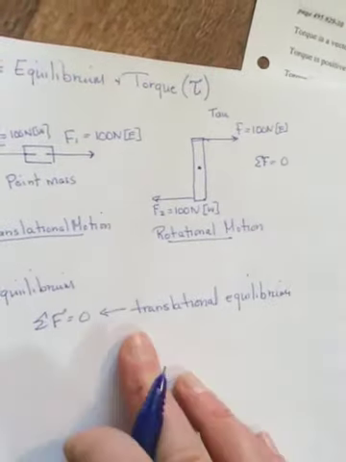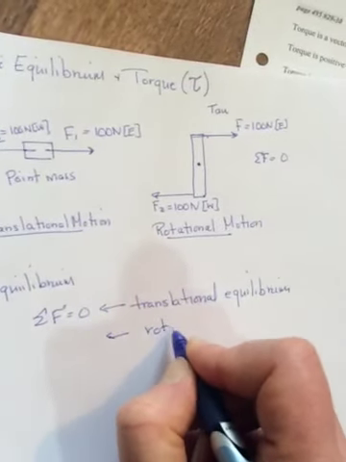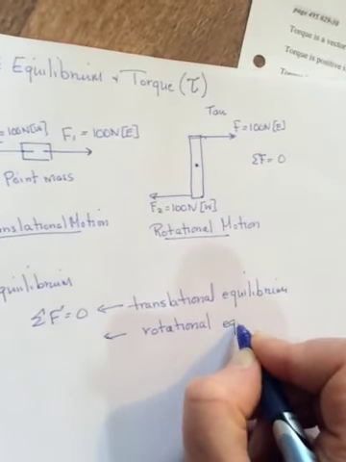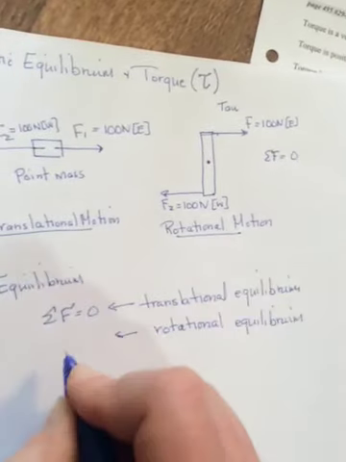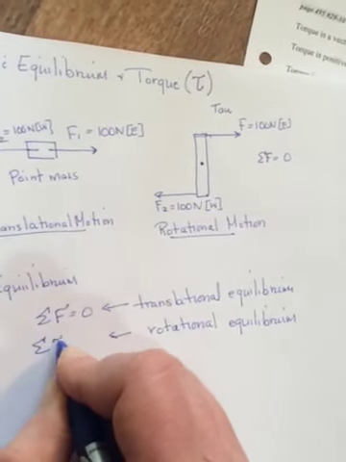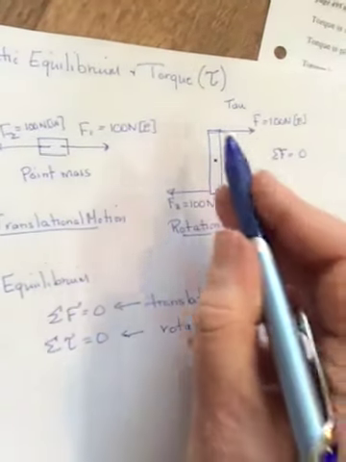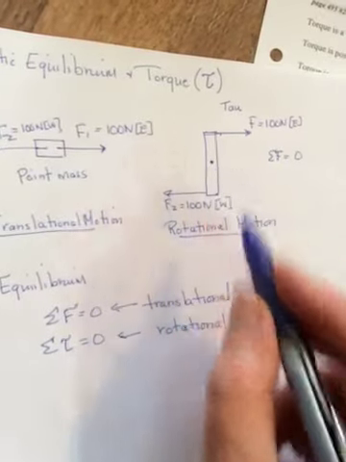But you could have translational equilibrium and not rotational equilibrium. In order to have rotational equilibrium, it's not just the sum of the forces that has to be zero, it's the sum of the torques that must be zero too. Okay? So here the sum of the forces is zero, but not the sum of the torques. Okay?